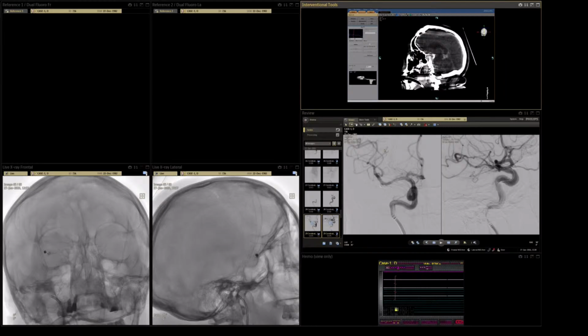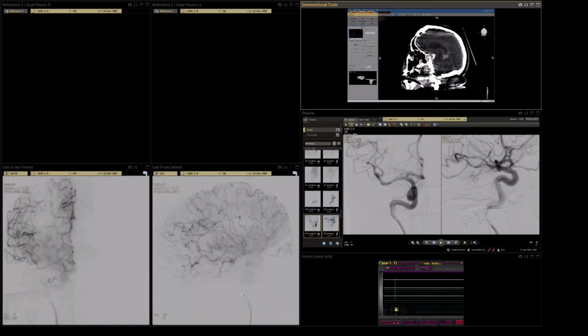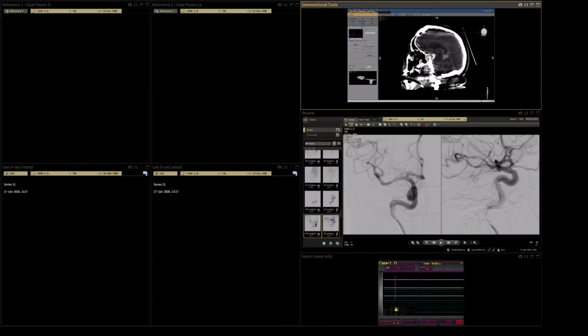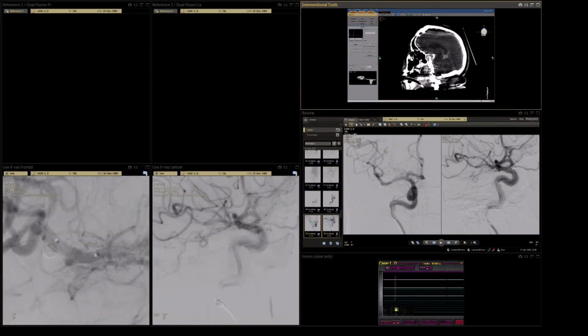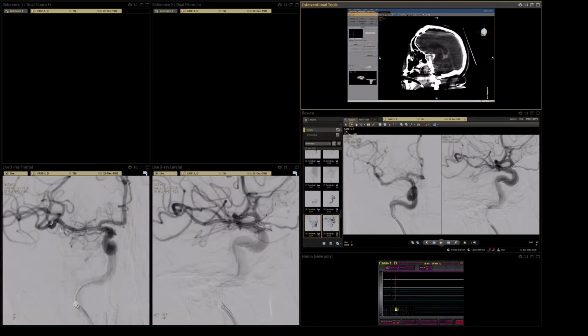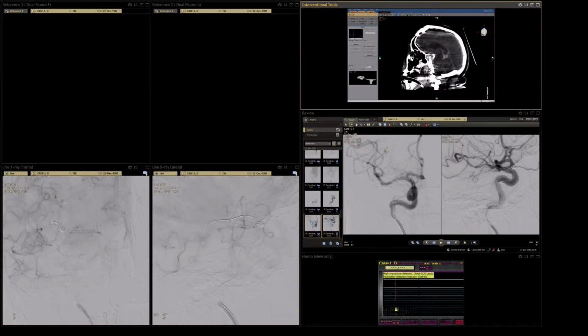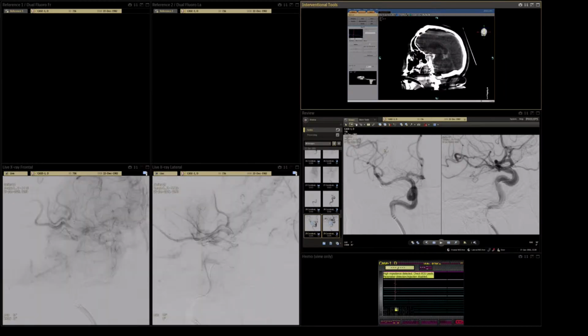Just a contact dissection, no? It was during the navigation. Yes. It was coiled already.